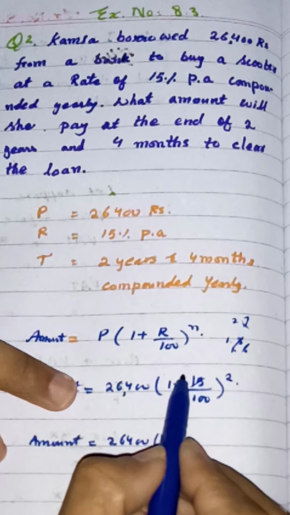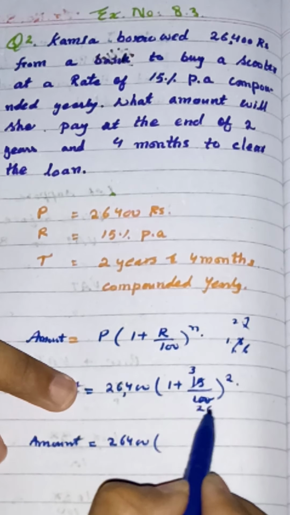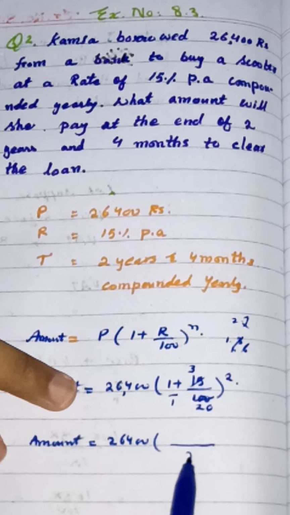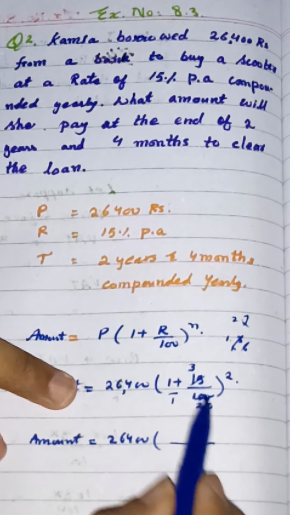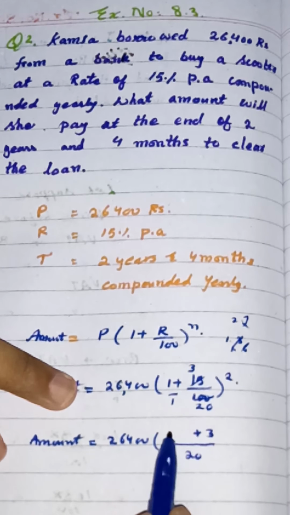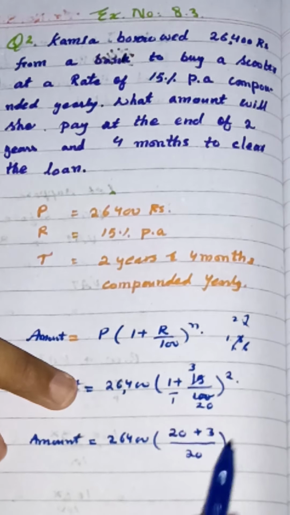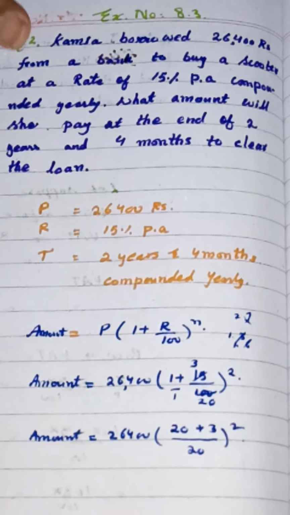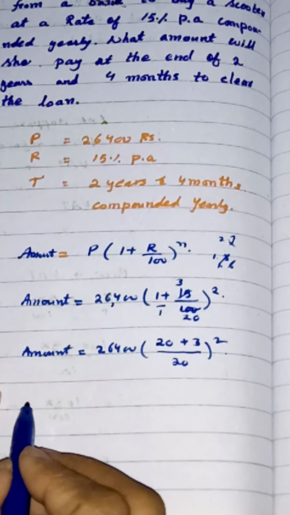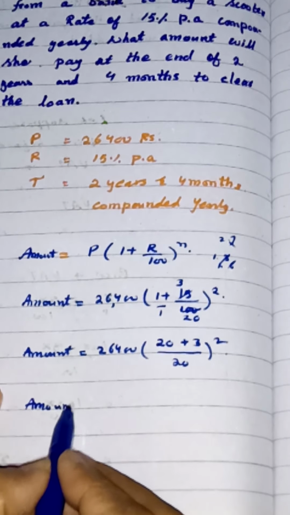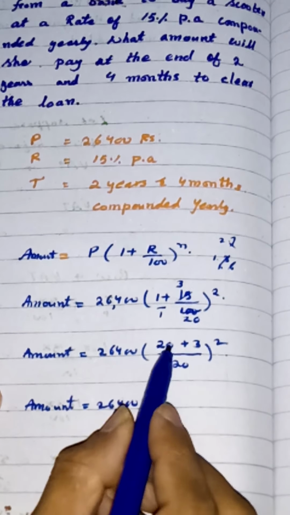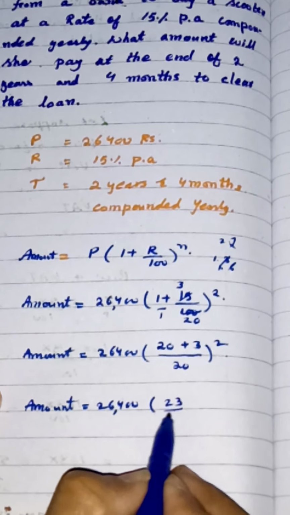3 5 5 to the 15, 5 to the 10. Take the LCM of 1 and 20. So 20 is the LCM. 1 multiplied by 20 is 20, plus 3, 20 plus 3 is equal to 23 upon 20.